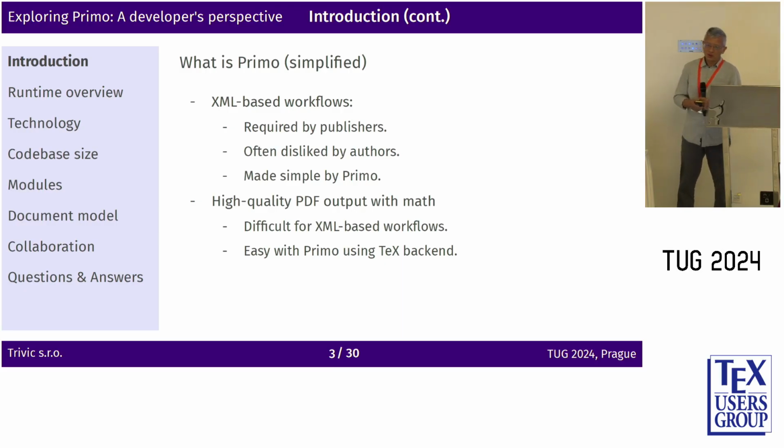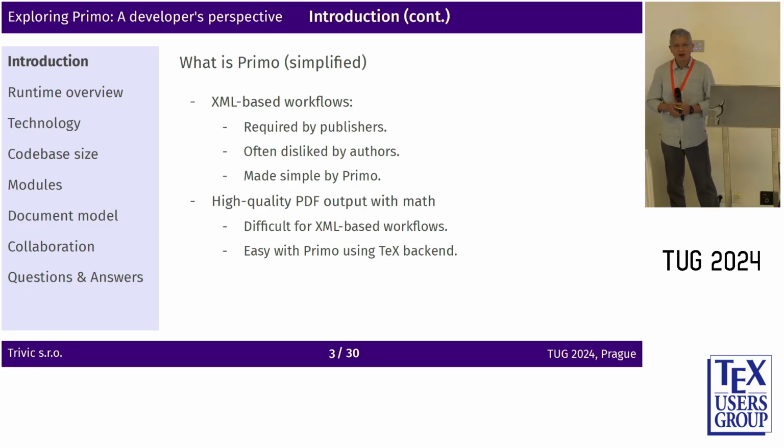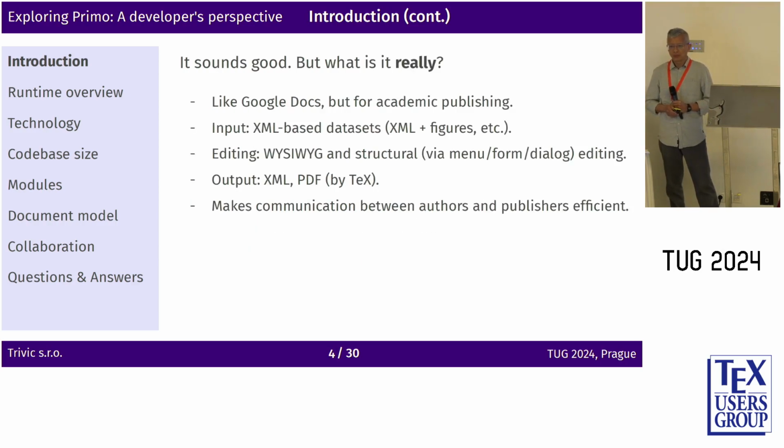But it's quite a lot of talking, and we are often asked by our friends and our family, what are you guys doing? And we say, okay, we are working on a software product called Primo, and what does it do? And now it gets interesting because I cannot say anything about XML or academic publishing, so that's what I came up with.